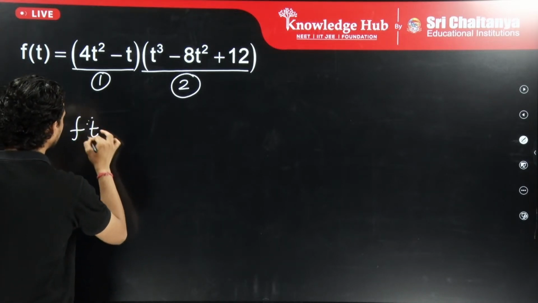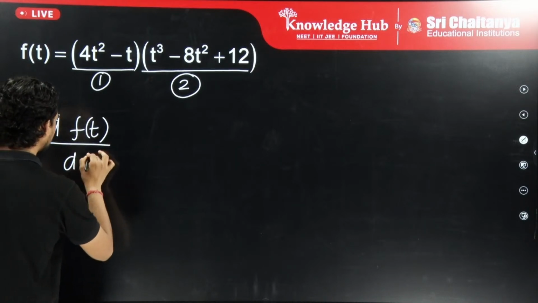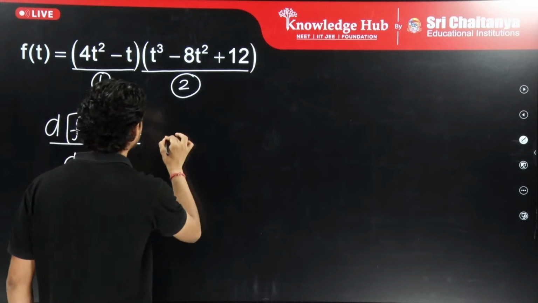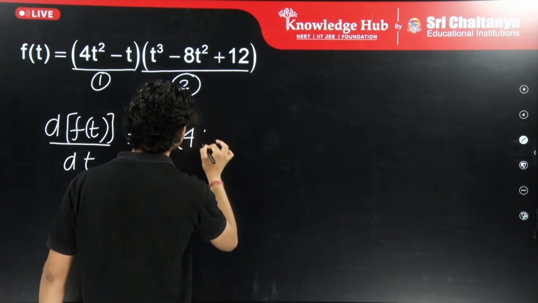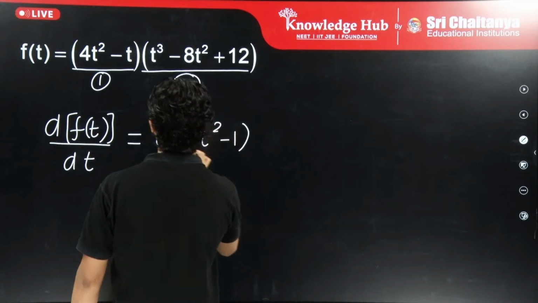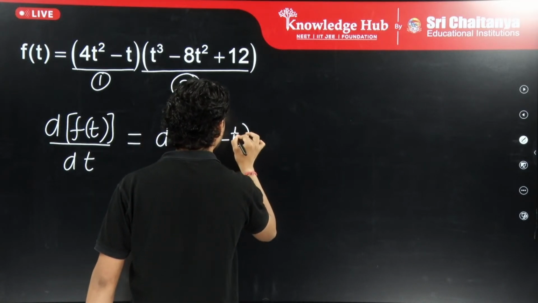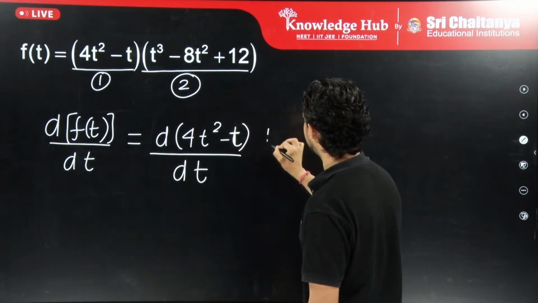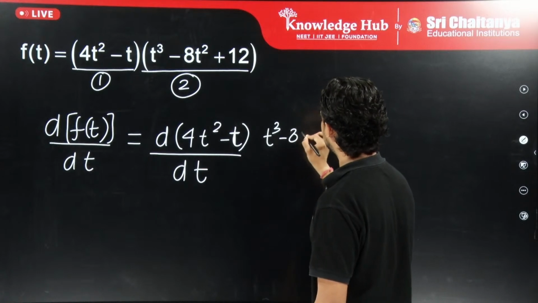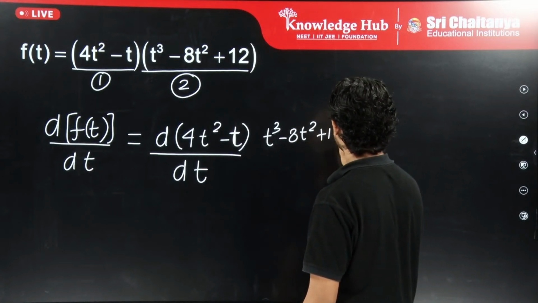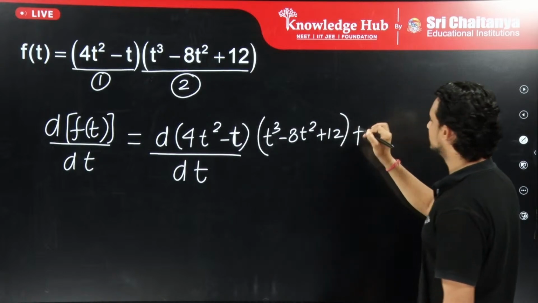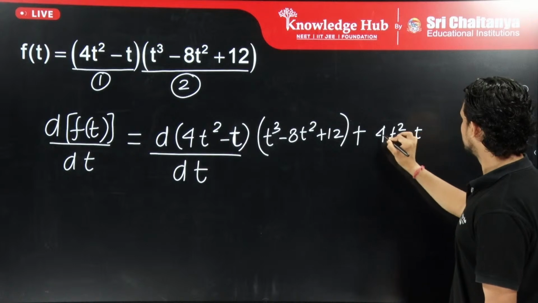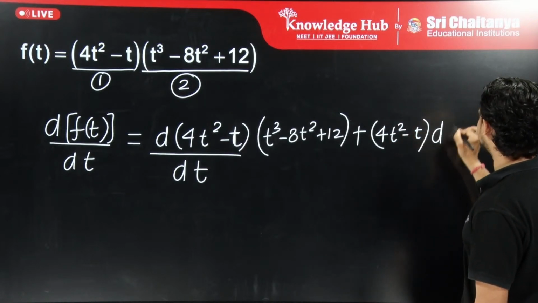I told you to first differentiate my first function, and I'll keep my second function as it is. Plus, now I'll keep my first function as it is and I'll differentiate my second function.